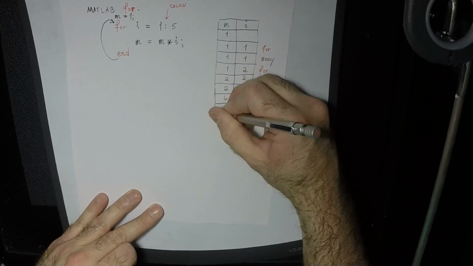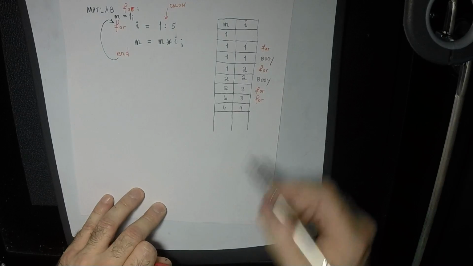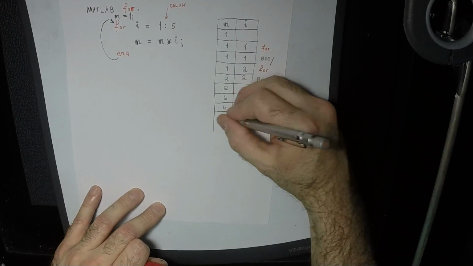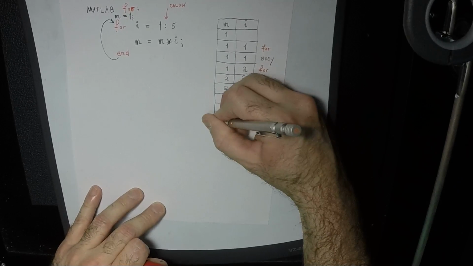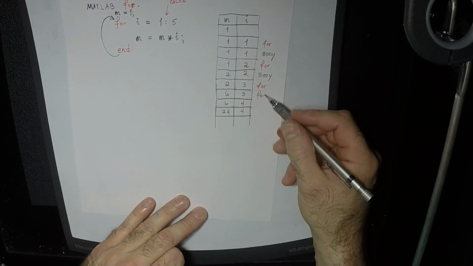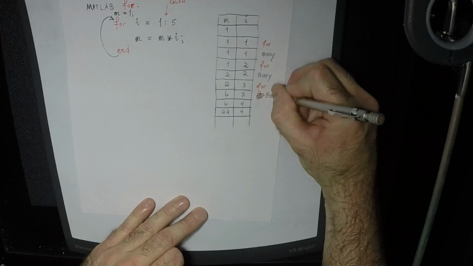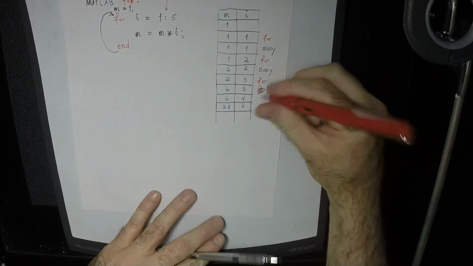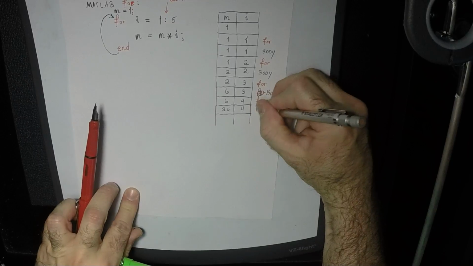Then you get into the body of the for loop, compute the product of the current values of m and I, you get 24. I is still 4. So that's, wait a second, for this should be body. This is 4. This is body.